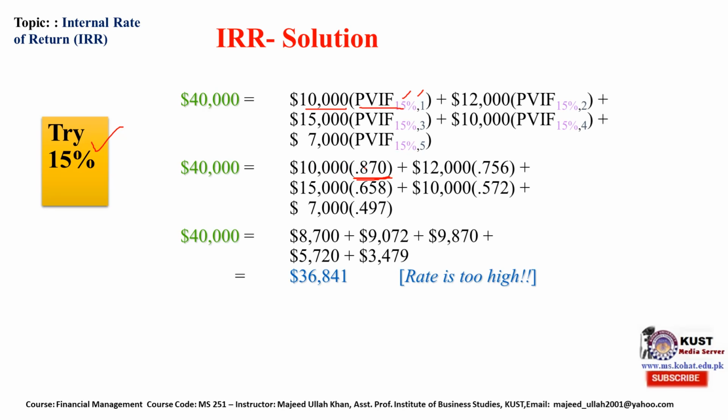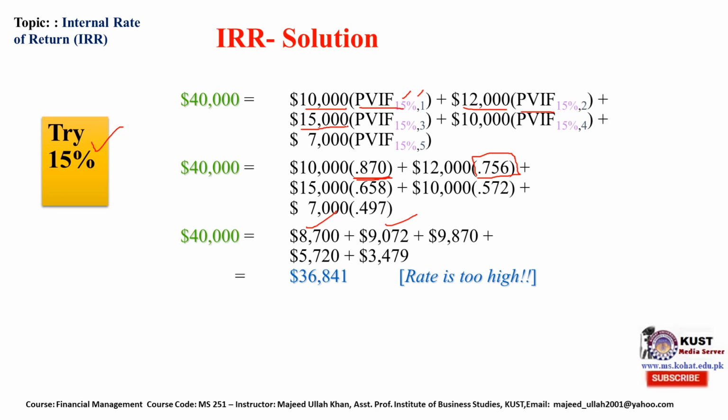So 10,000 multiplied by 0.870, we get 8,700 present value. 12,000 is discounted with the present value interest factor for 15% for the second year, which gives the discount factor as 0.756, which we multiply with the 12,000, we get $9,072 present value.